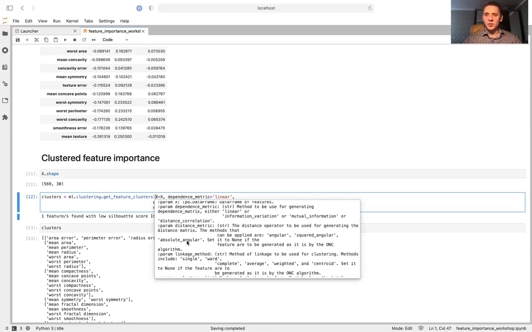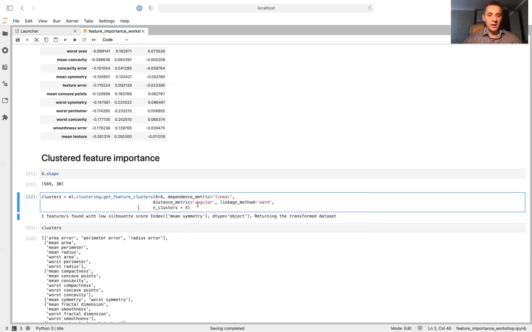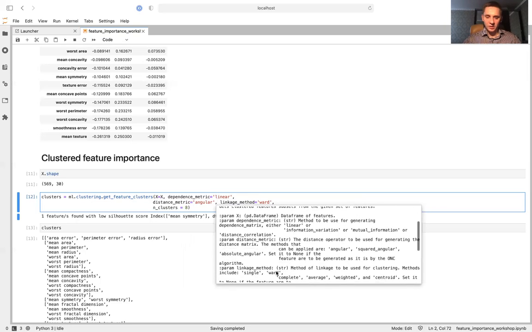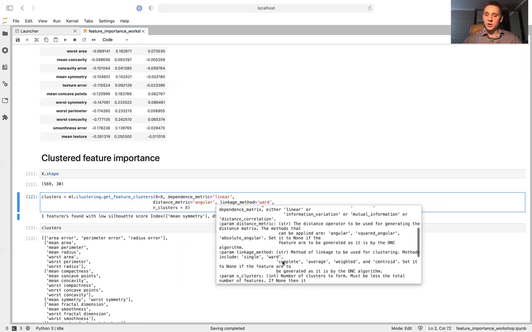What I have seen from my practice, angular is more than enough to get a good representation of your features on a dendrogram. It also takes a linkage method as input parameter, which can be either ward, single. Let's take a look at the documentation: single, ward, complete, average, or weighted, and centroid.